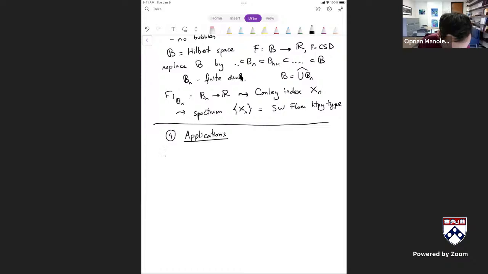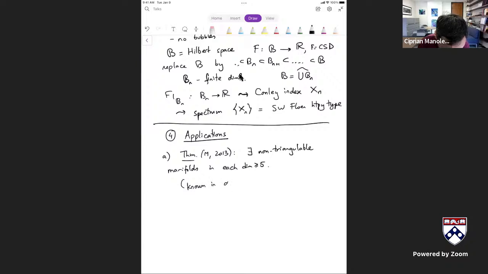The first one is a theorem I proved in 2013, that there exist non-triangulable manifolds in each dimension greater or equal than 5. Previously, it was known in dimension 4 by the work of Casson from the 80s, based on the work of Mike Freedman.